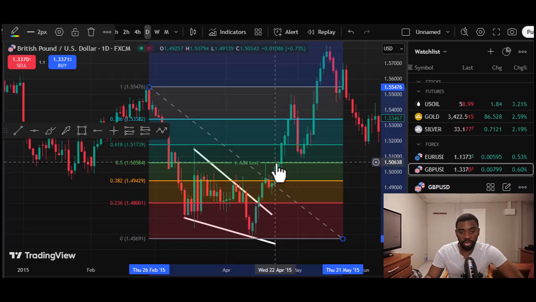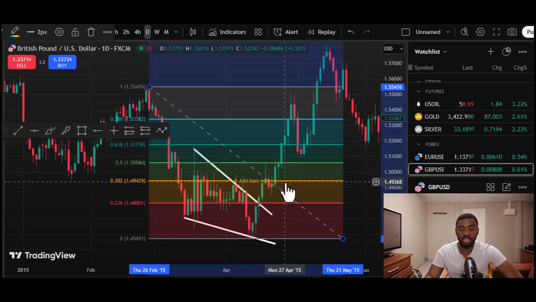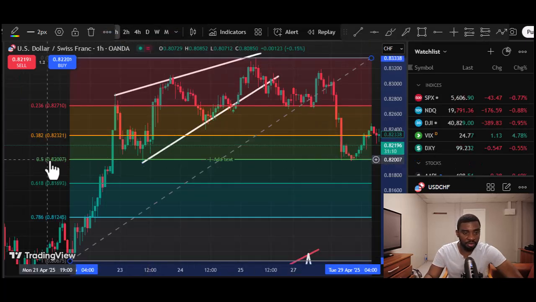At this point, it's good for you to get out of the trade, but if you know how to read candlesticks very well, then you can see how strong this candle is. Let's go back to the other one at 50%. You can see how strong the candle is before there was a reversal.